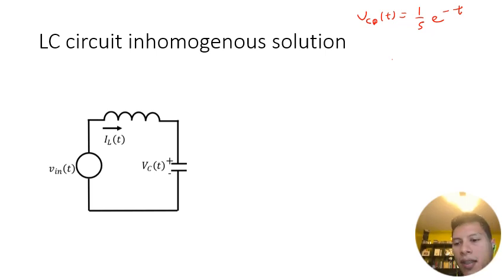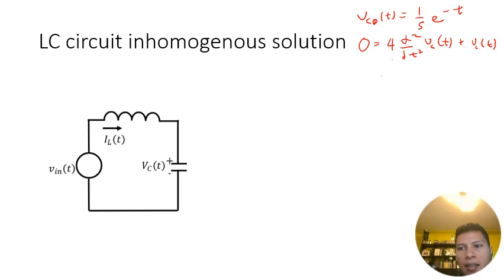And then we also know that the homogeneous differential equation would be 0 equals L times C, which is 4, d dt squared Vc of t plus Vc of t, which basically gives us that 4 lambda squared plus 1 equals 0. And that's what's going to lead to our roots, or our lambdas, being equal to j plus minus 1/2.